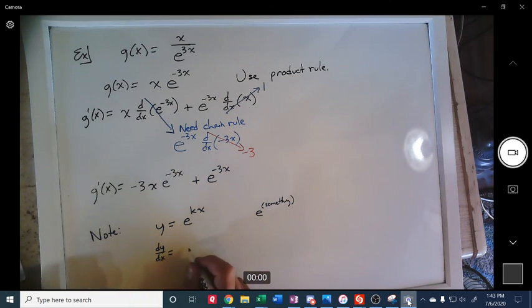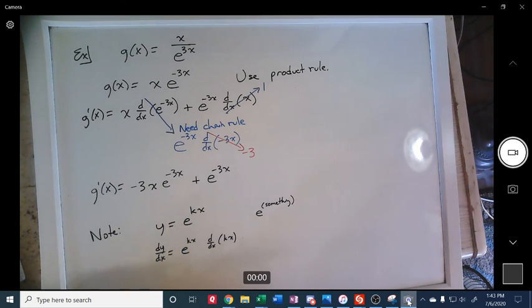The derivative of e to the something is e to the something. And now we see why the k shows up right here. So the dy dx is k e to the kx.